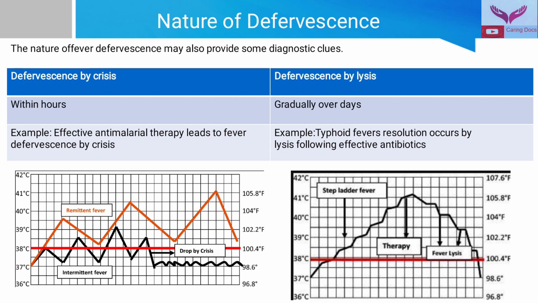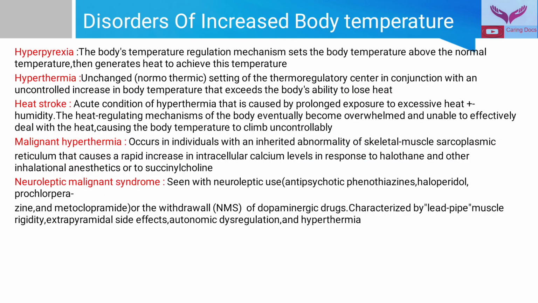An example is effective antimalarial therapy in fever, which can lead to defervescence by crisis; it is seen in remittent fever and intermittent fever. Defervescence by lysis is when fever subsides gradually over days. An example is typhoid fever. Resolution occurs by lysis following effective antibiotics.